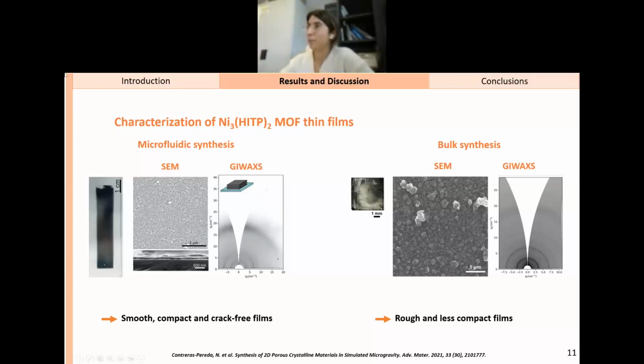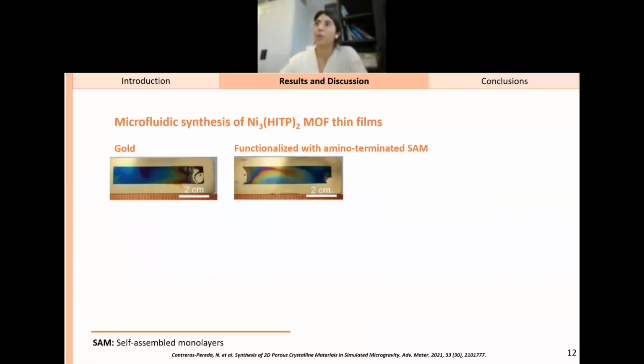Then what they did, because the MOFs are conductive and they wanted to check the electronic properties of these films, was to extend this approach to gold substrates and to gold substrates functionalized with amino-terminated self-assembled monolayers.